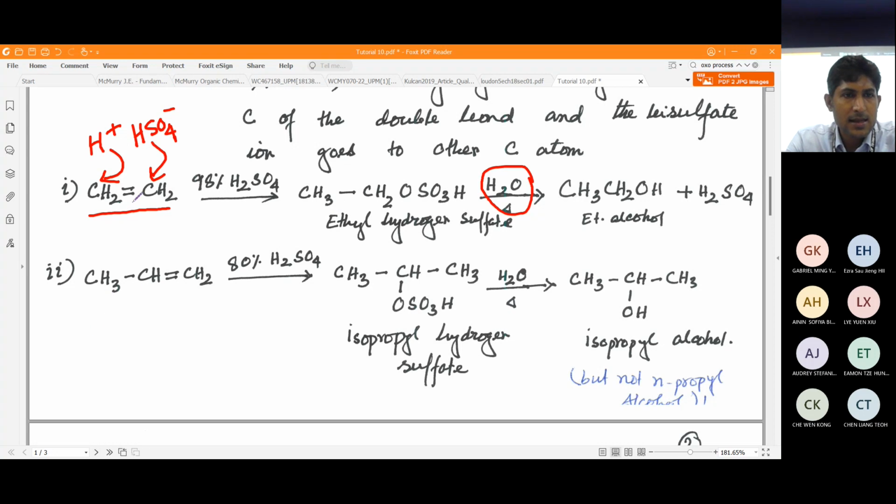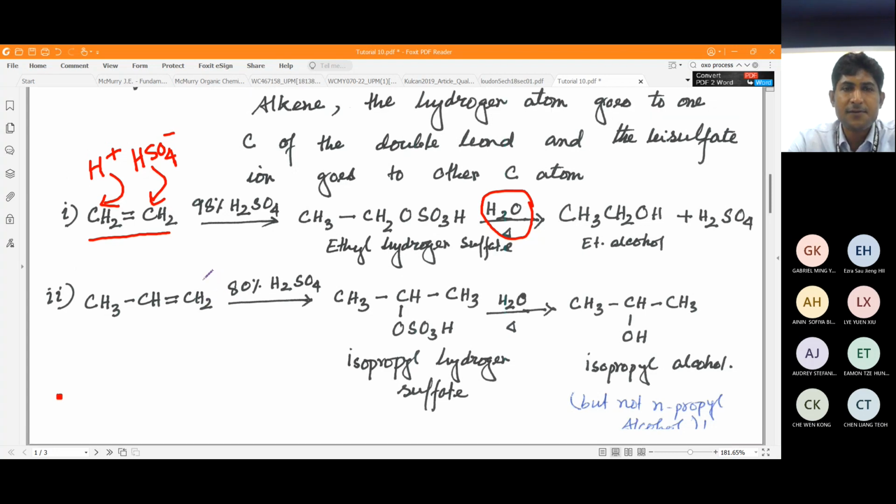Okay, another thing: if it is not ethylene but another alkene, where the carbons are not symmetric on either side, what is happening? Again, the Markovnikov rule. Every time we are looking at the Markovnikov rule, but for a different composition or different reaction.